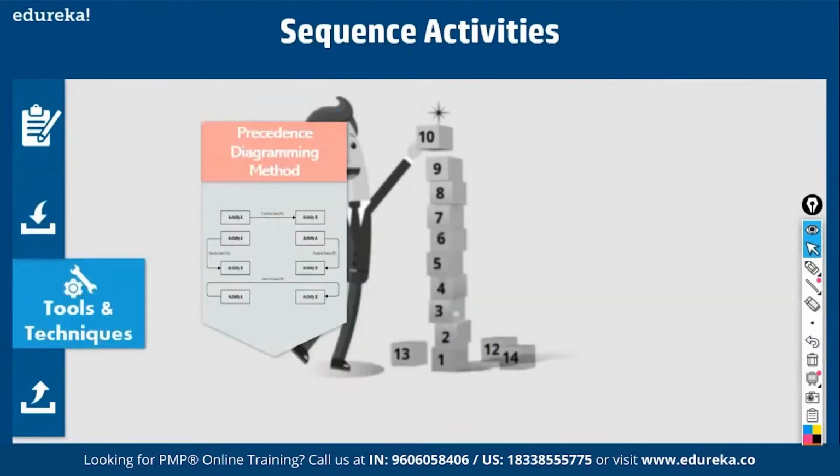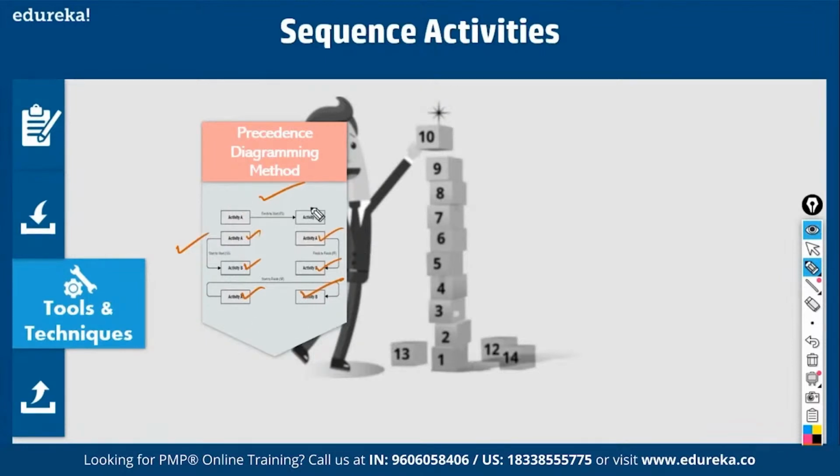You can use them. Precedence diagramming method. What is this? When you sequence activities, there should be some relationships between them. So this is one relationship, you call that finish to start. The next one is start to start: start A, then start B. The next one is finish to finish: finish activity A, only then you can finish activity B. Or you can start the next activity first and only then finish the predecessor activity.